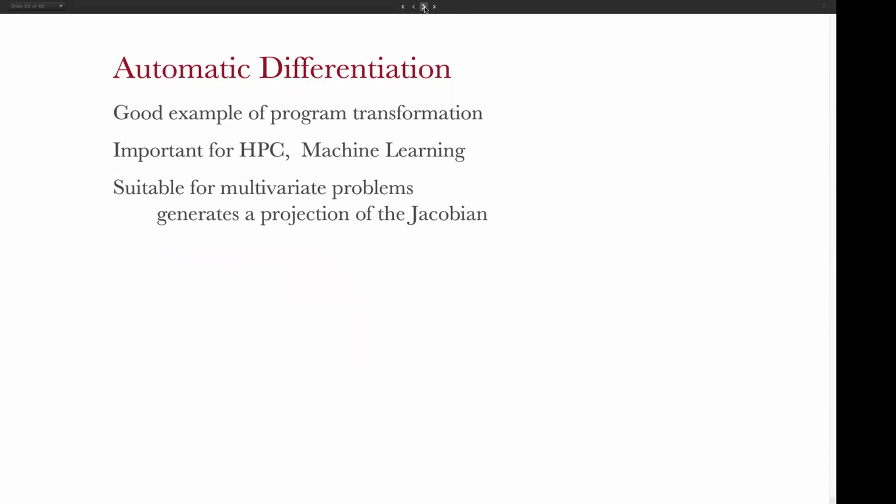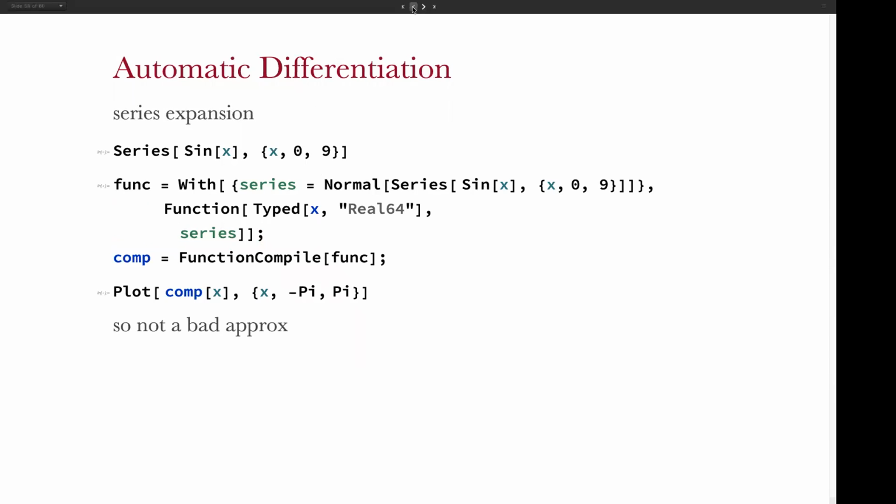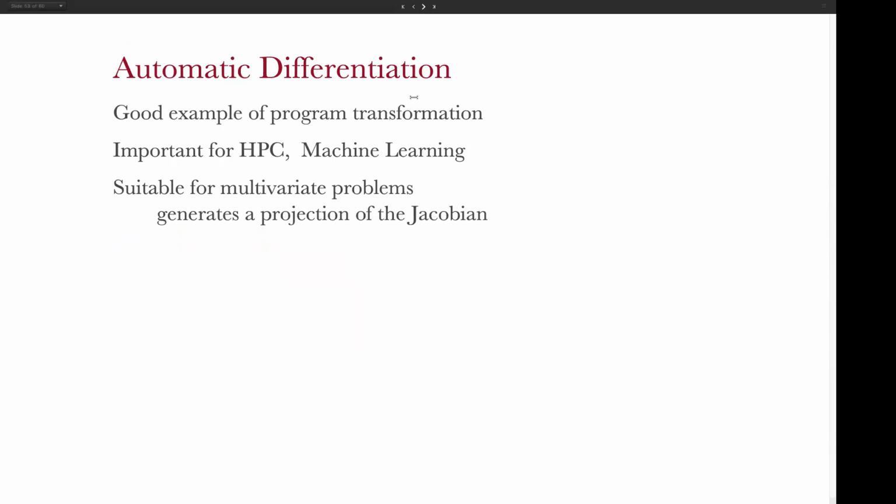Right, I'm just going to try and run through the last few examples. I'm going to talk a little bit about automatic differentiation. A lot of our background at Wolfram Research, a lot of our goals, are to generate HPC, high performance computing, and derivative computations are very important for lots of computations.